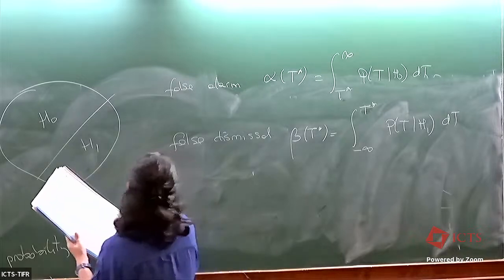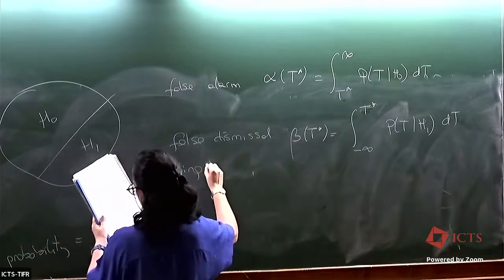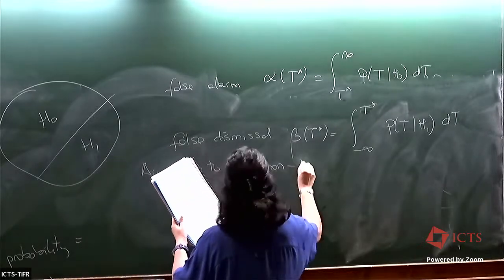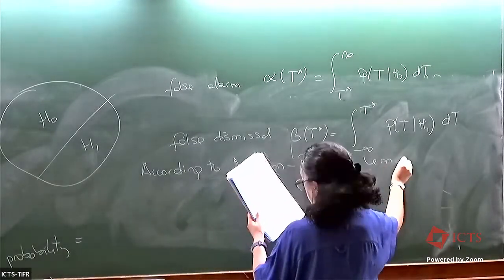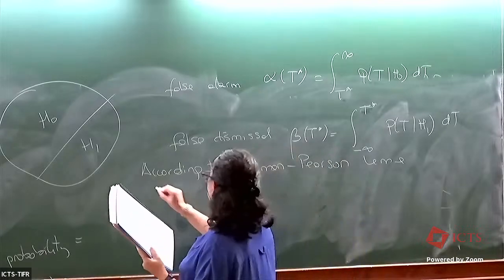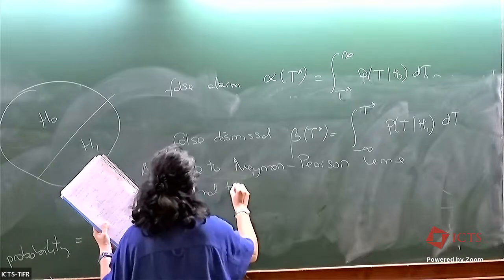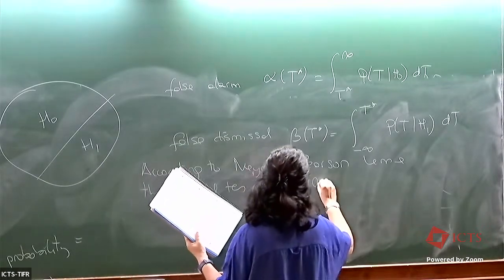Okay, so according to the Neyman-Pearson lemma, the optimal test is the likelihood ratio.